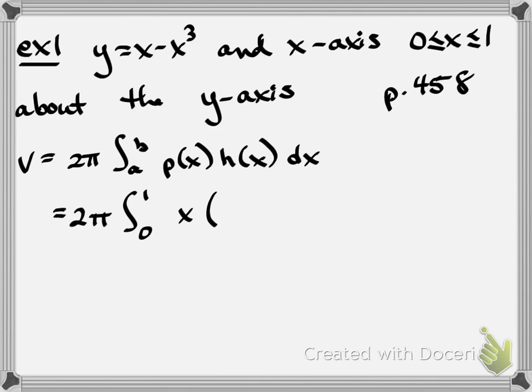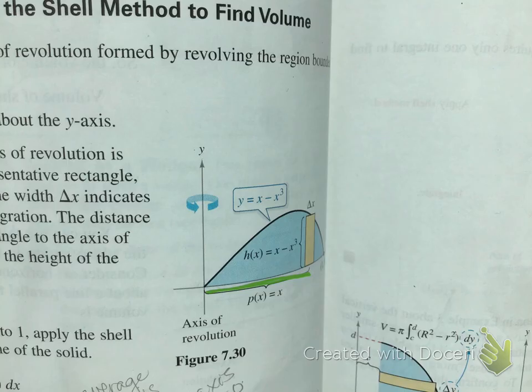And then h of x is the height, so it's our function, x minus x to the third dx. The reason the height is the function is because the height of this rectangle, no matter where it is, is where the rectangle hits the curve.